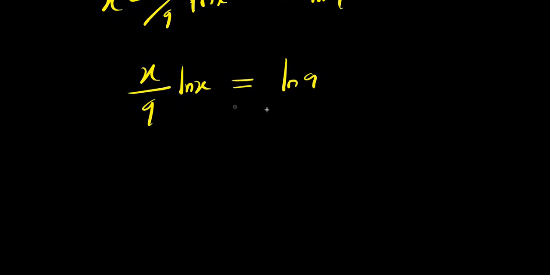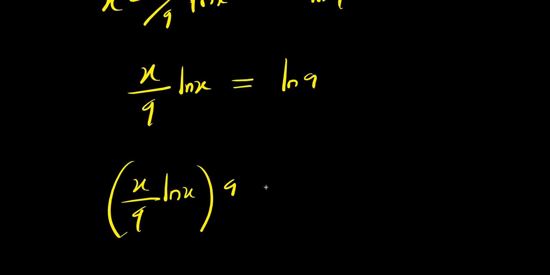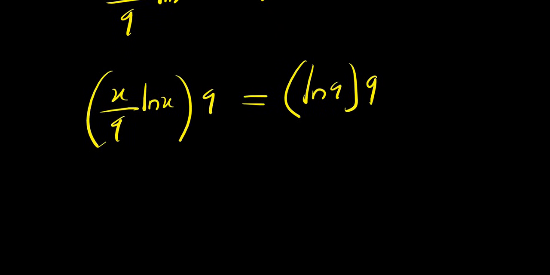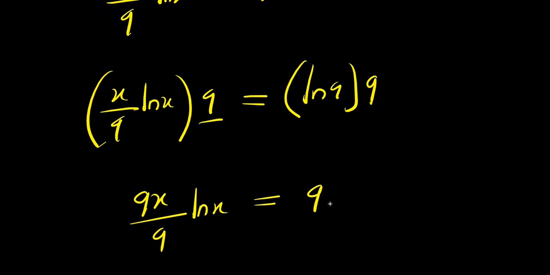So how do we solve for x? We can multiply each part of this equation by 9. We have (x/9) ln(x) times 9 = ln(9) times 9. So if I multiply this, I will have 9x divided by 9, times ln(x), and on the right, 9 times ln(9).